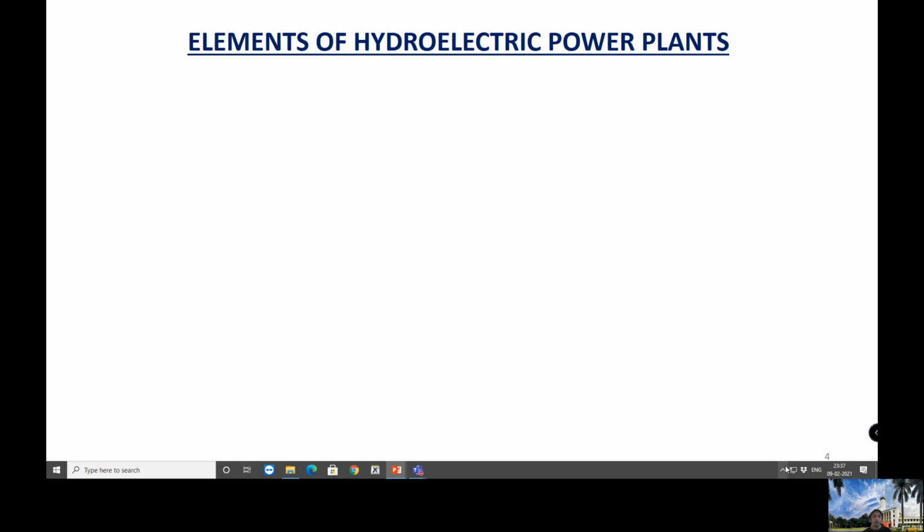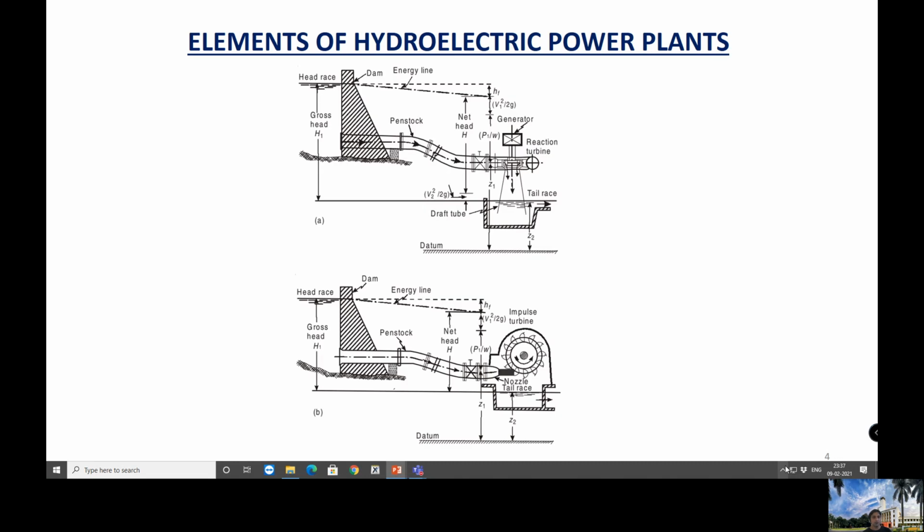What are the important elements of a hydroelectric power plant? This is a very obvious question that comes to mind. So you see, this is a layout or a drawing which is quite easy to understand looking at it. Since ours is a turbine like this, we are going to see this particular energy.